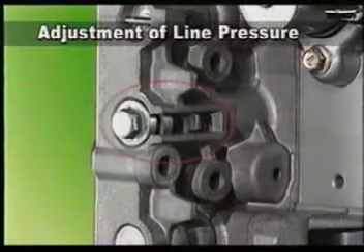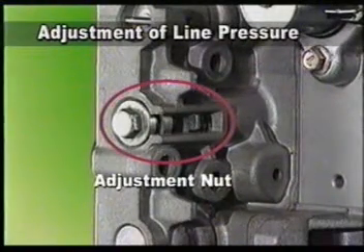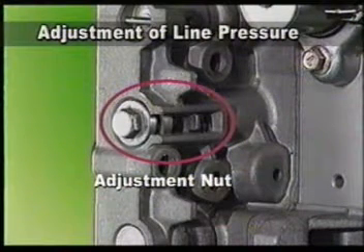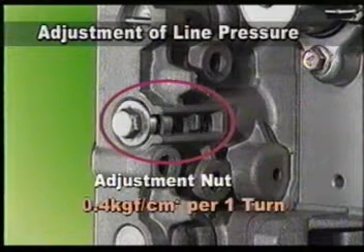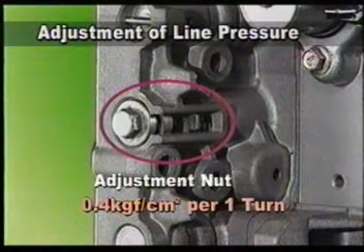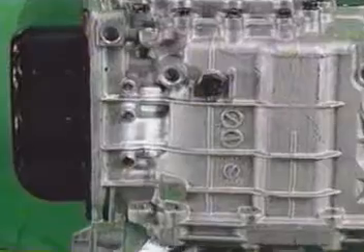Line pressure is adjustable both for 4 and 5 speeds, using the adjustment nut at the end of the regulator valve. Approximately, pressure of 0.4 kilogram force per centimeter squared changes per rotation of adjustment nut.